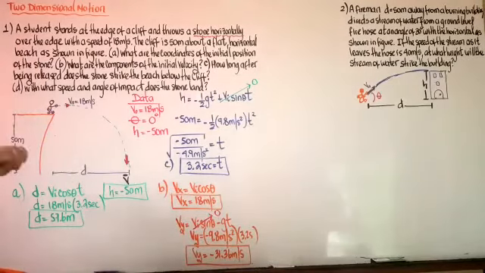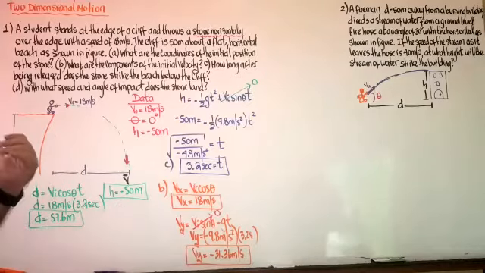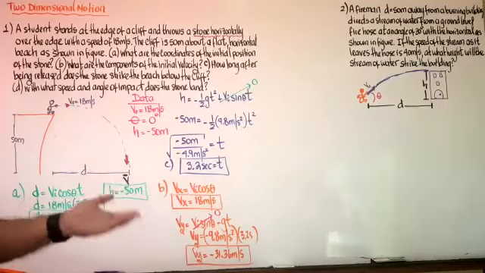So we have the answer for letter A, the answer for letter B, the answer for letter C and letter D. They're asking what will be the speed and angle of impact where the stone will land. In that situation, my dear students, we have to look for the magnitude and direction of the velocity. This velocity is not going to be a horizontal or vertical velocity.